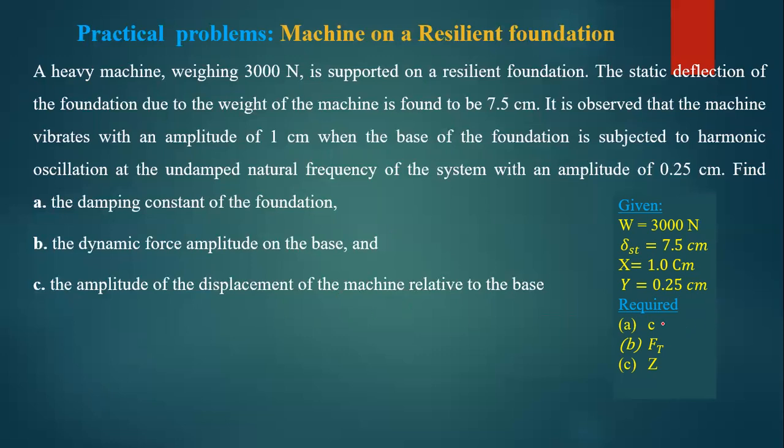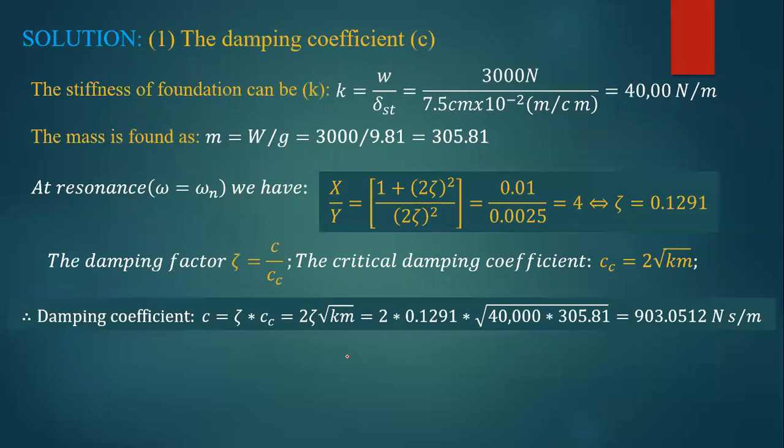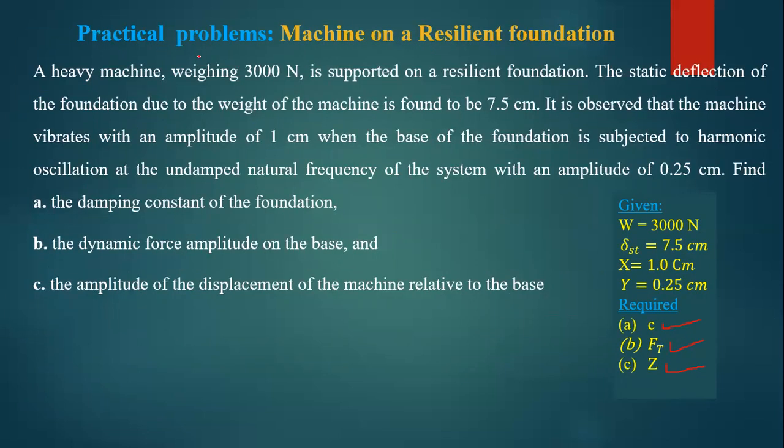So what we are going to find is the damping constant C, the dynamic force transmitted, and the relative amplitude. These are the questions. Now, stiffness is not directly given. We have given only the weight and the static deflection.